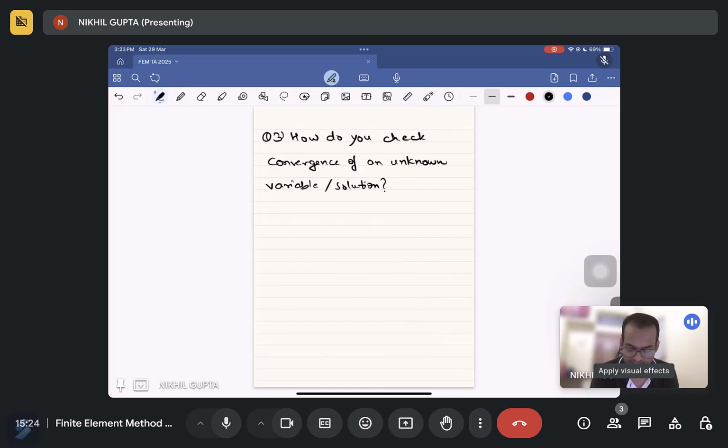How will you check whether it is converging or not? There are a lot of methods, but I think the simplest is that at a particular point we can check the value with some mesh, and we increase the mesh, meaning the number of elements. We can refine the mesh and check the solution. When the solution stops changing much, then we can say that we have achieved convergence.